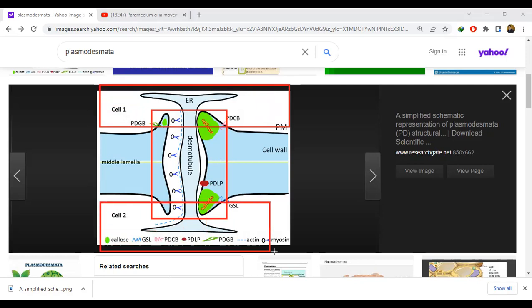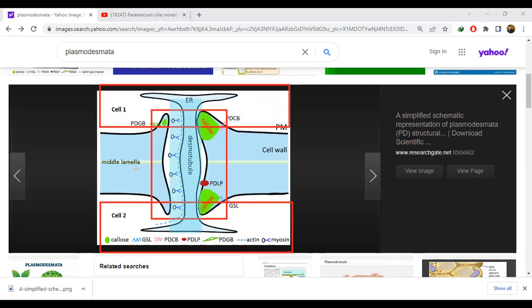This is another cell's cytoplasm. These two cytoplasms are connected by a jelly-like material. That jelly-like material connecting the two cytoplasms is called plasmodesmata.